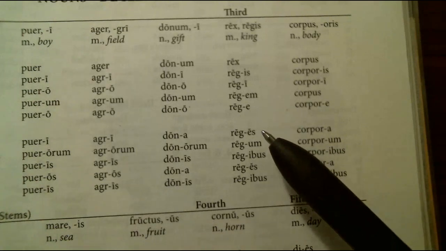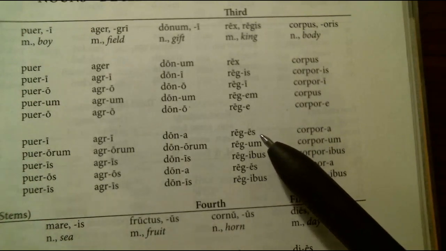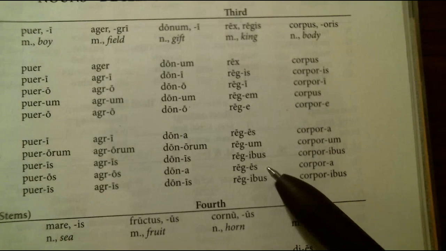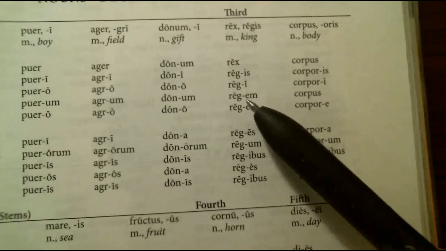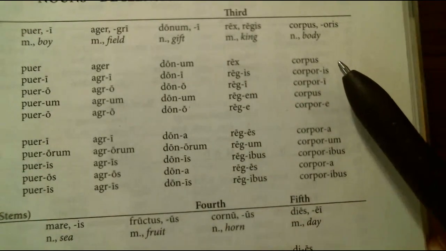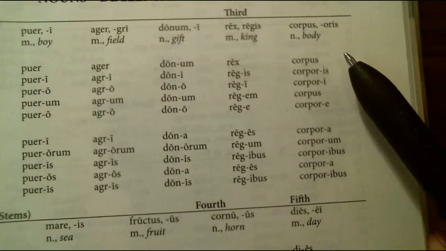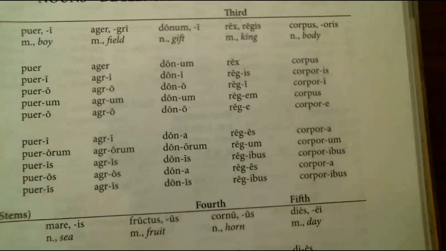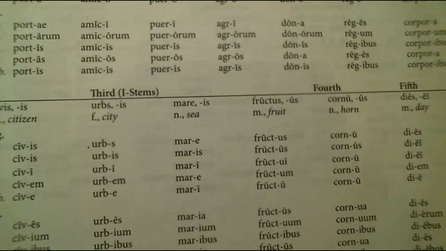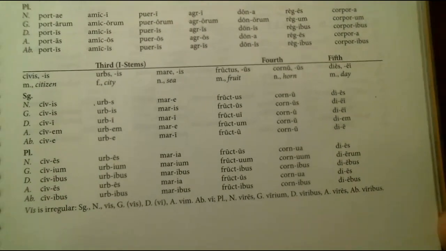So in the masculine feminine, only in the plural is the nominative and accusative the same. Where it's different in the singular, as is typical of the neuter, the nominative and accusative is the same throughout. Okay? So that's why they provide both columns there. And then if you're curious, this is what we have coming up.